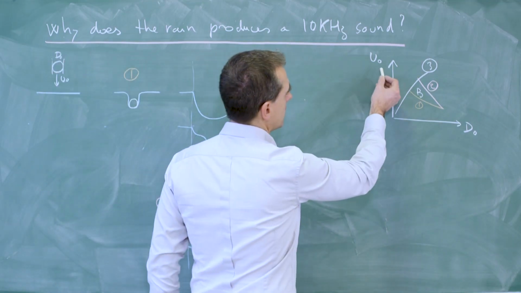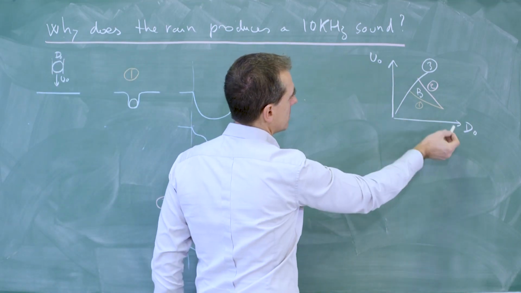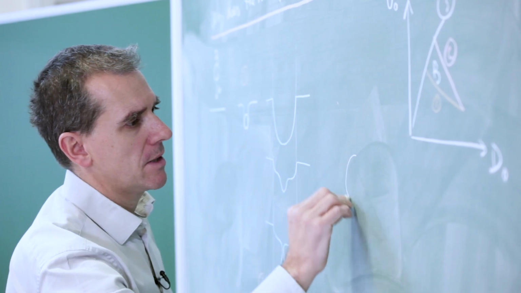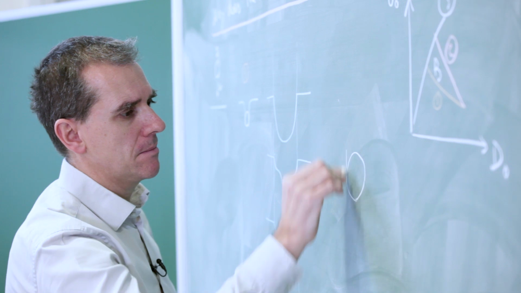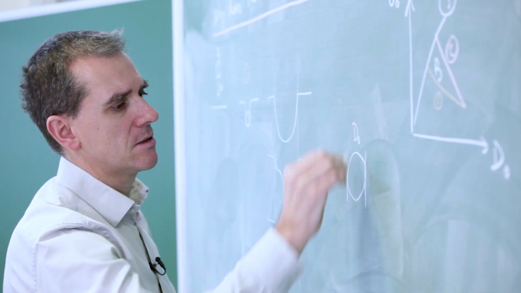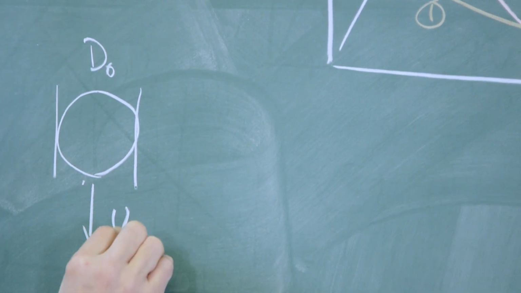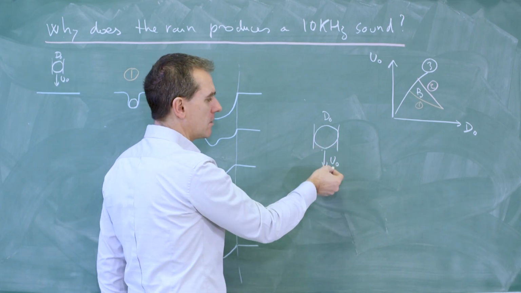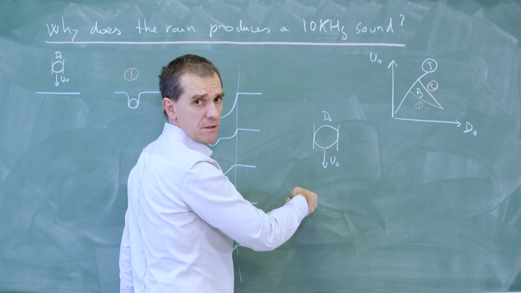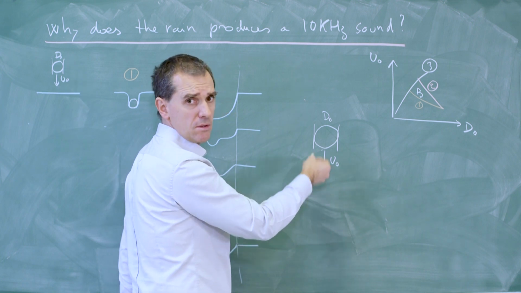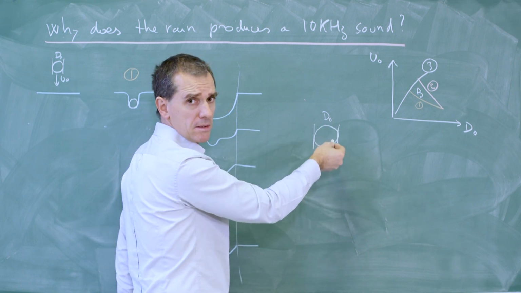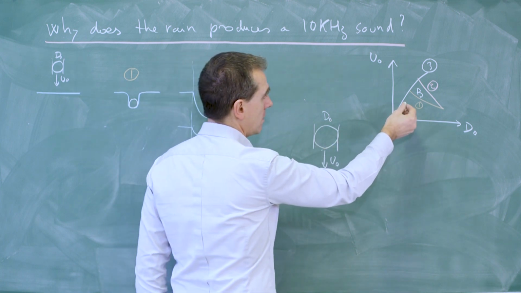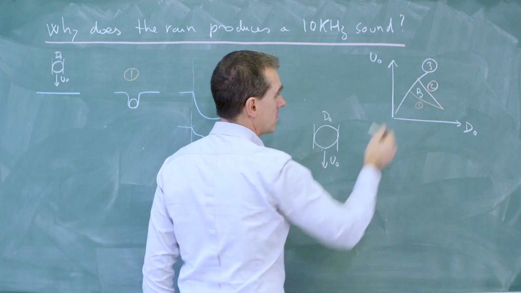The last border that associates a relationship between U0 and D0, border number 3, is related to the fact that in the rain, the drops of size D0 fall at a velocity U0 in air. And so the terminal velocity with which they will reach the ocean is associated to a balance between their weight and the friction with the air. This will give us the insight for this third boundary.